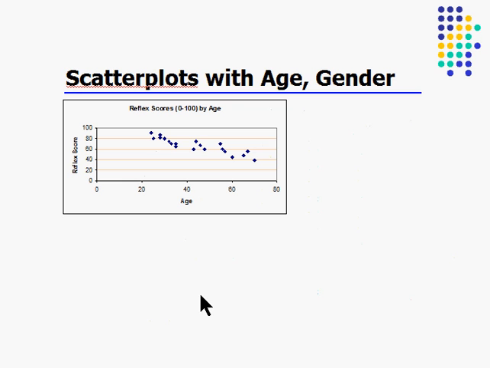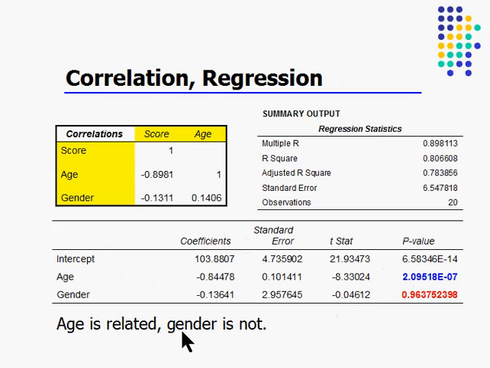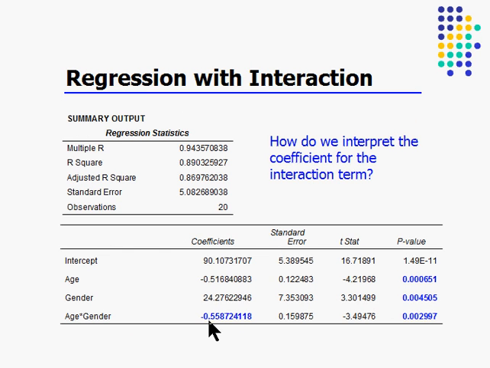Let's go back and take a look at our chart. We'll take a look at the approximate intercept for our females. There it is. It's about 90, and about 20 more than that, we have our intercept for our males. We'll take a look at the slopes. We have a slope here for the females and a little bit steeper slope downward for the males. And where is that? Well, take a look at here.